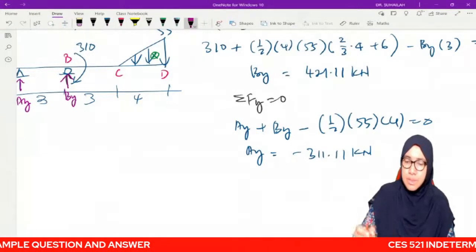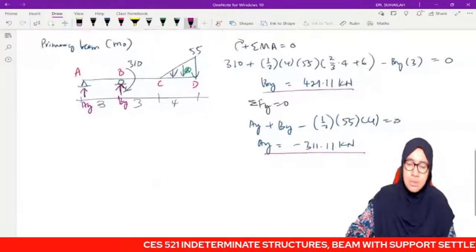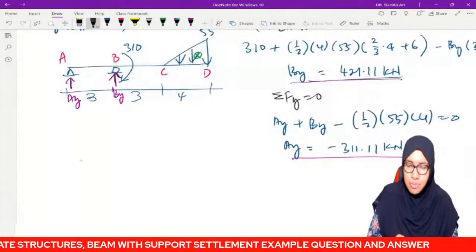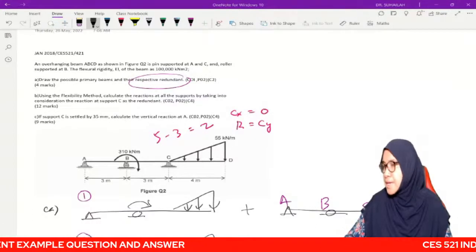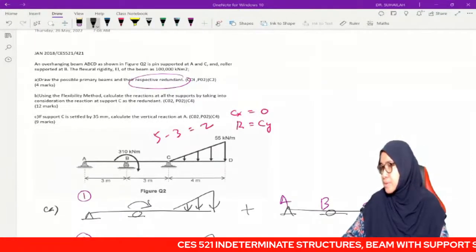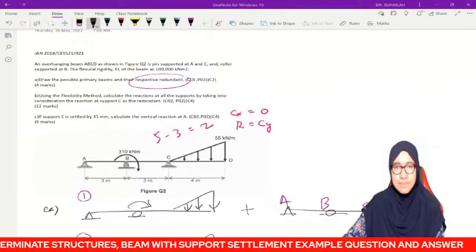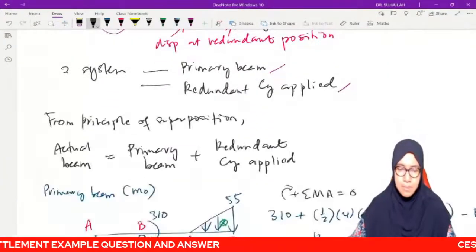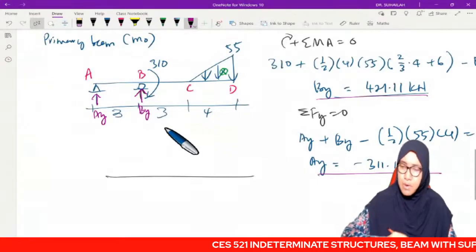So this is BY, this is AY, which means that we will analyze this beam. I will transfer all the values.